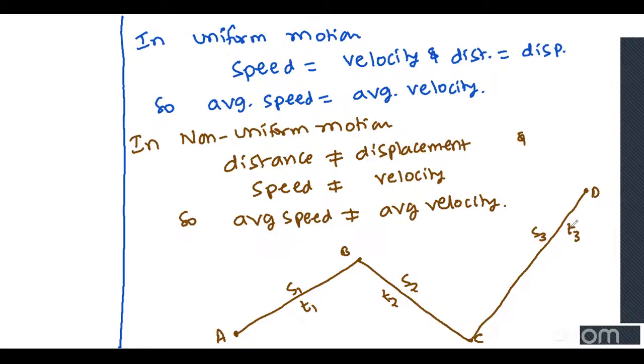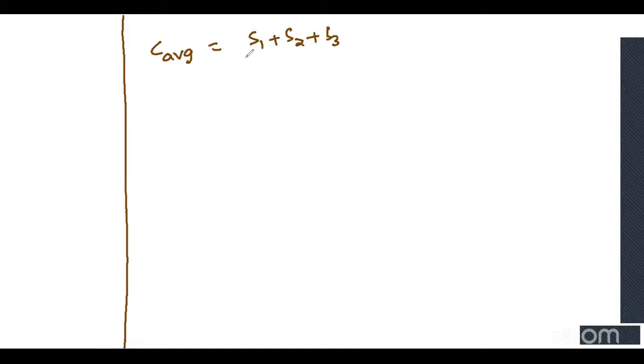So average speed means S1 plus S2 plus S3 divided by T1 plus T2 plus T3.